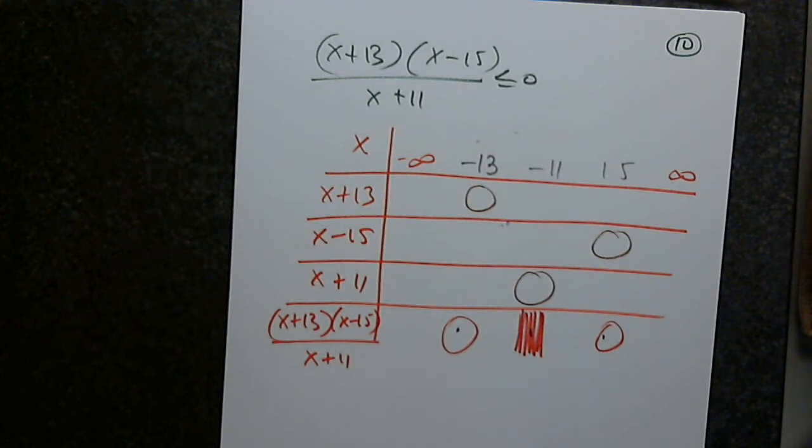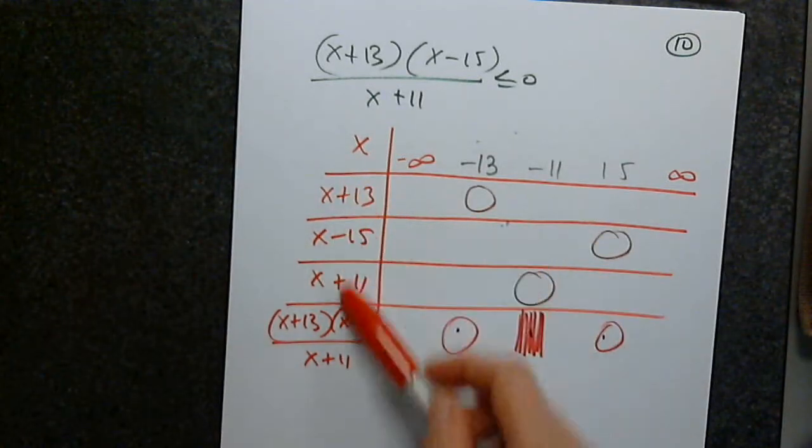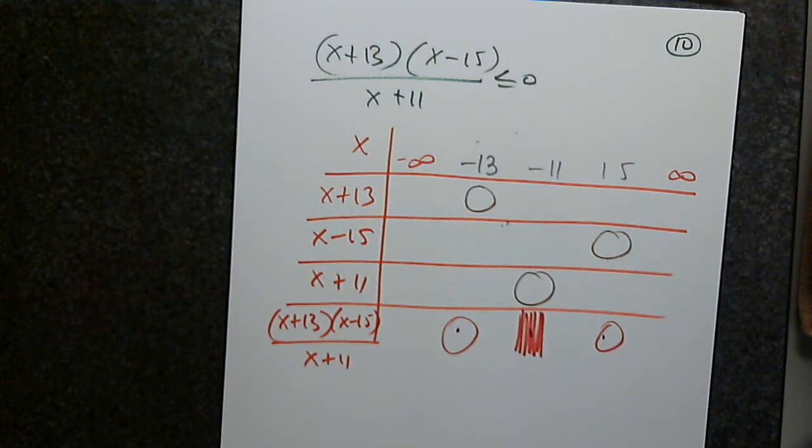Now all these are linear functions, odd degree, with a positive leading coefficient. Possibility number 1 or possibility number 2? Number 1. That's all you have to do.